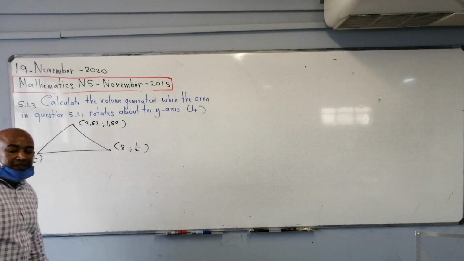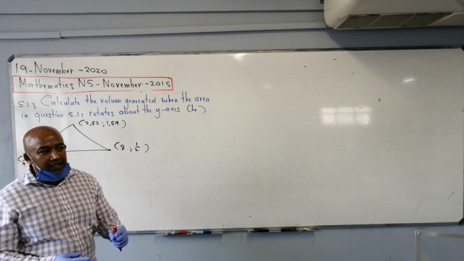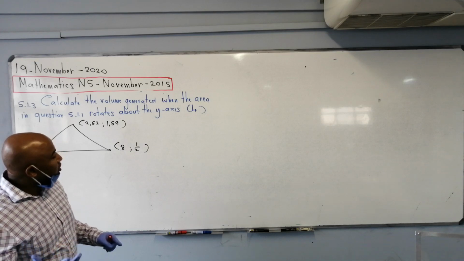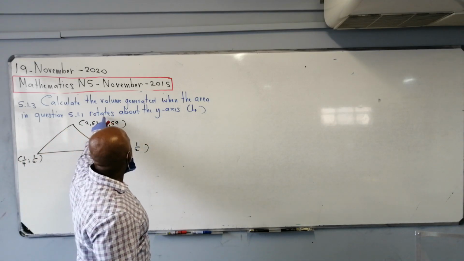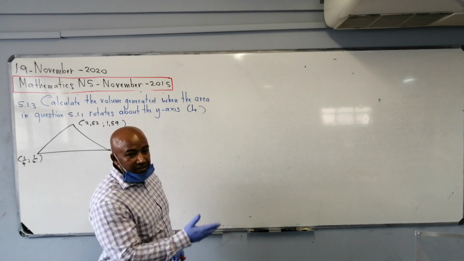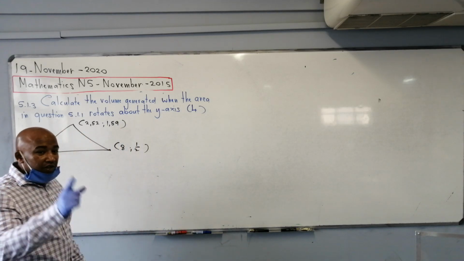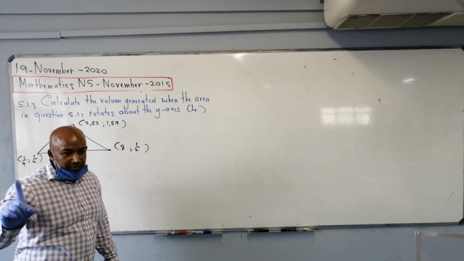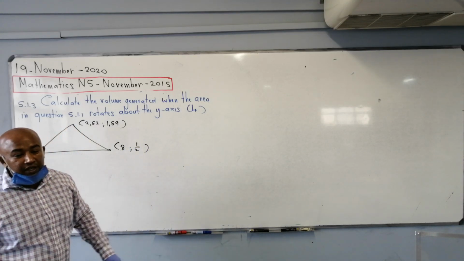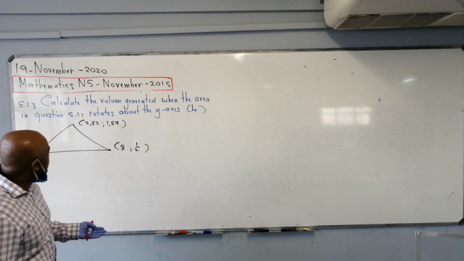So 99% of the time, if you want to know which is the best representative rectangle, or the easier one to choose, you go straight to the volume question, and if the question states rotates about the y-axis, then use delta y. Just like how we used delta y. So delta y was the easier option, because there's only one area, so therefore one volume. If we choose delta x, that means we're going to work out two volumes, just like how we worked out two areas, and then add it up. It's going to take too long. It's fine, but it will take too long.